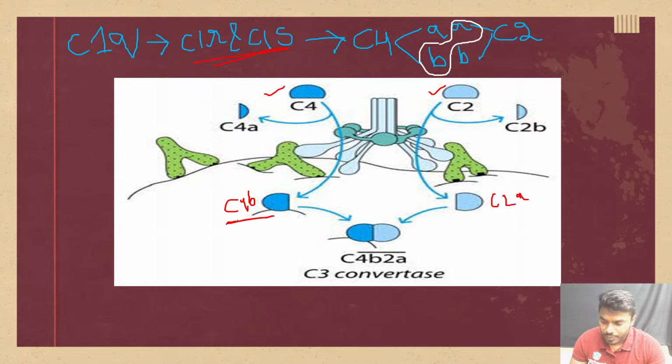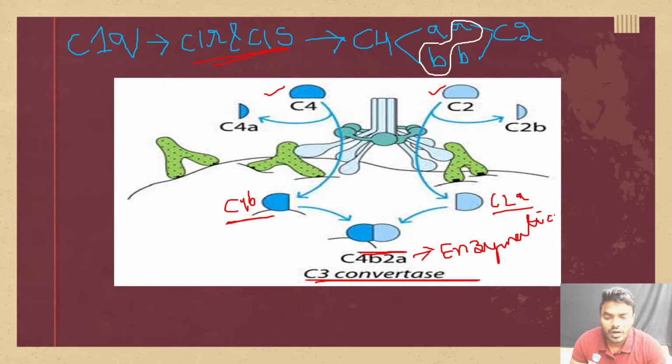Now C4B and C2A are associated with each other. And I told you very clearly, right? When I indicate a bar over the complement molecule, I told you that it is having an enzymatic activity. Is it or not? Yes.